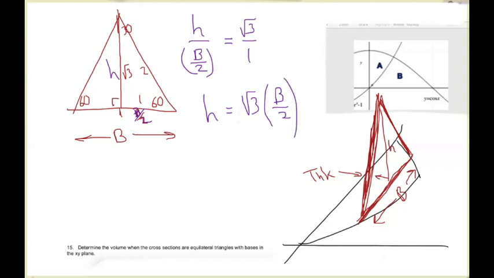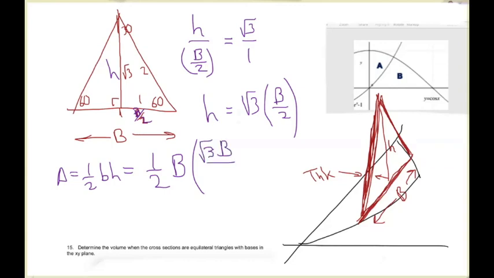So our formula for the cross-sectional area of an equilateral triangle is area is 1/2 the base times the height, which is equal to 1/2 whatever our base is, times square root of 3 b over 2.